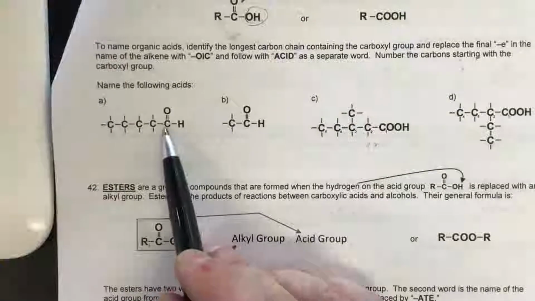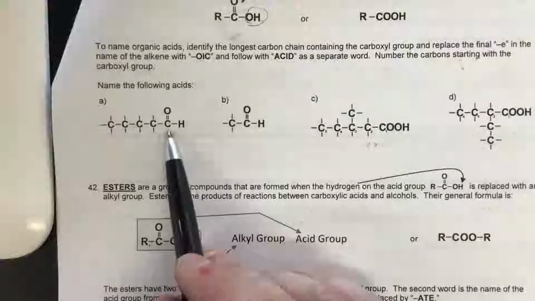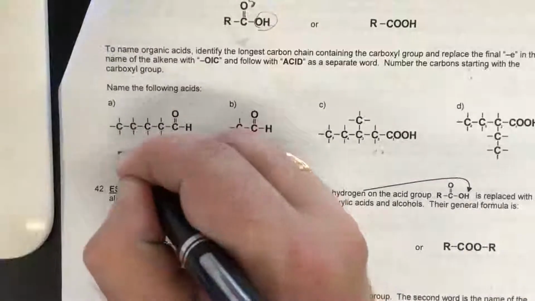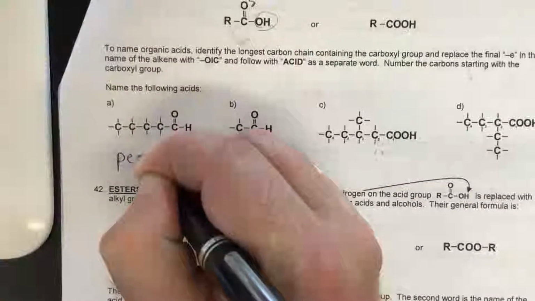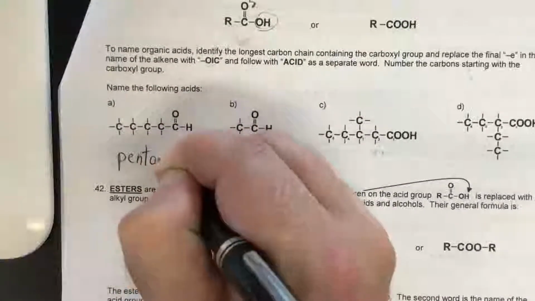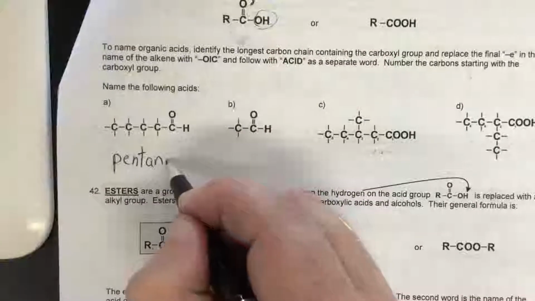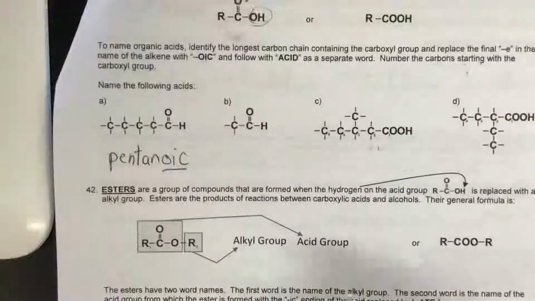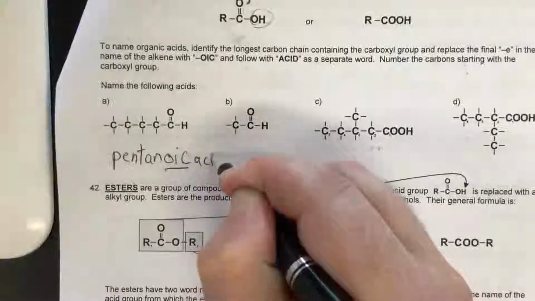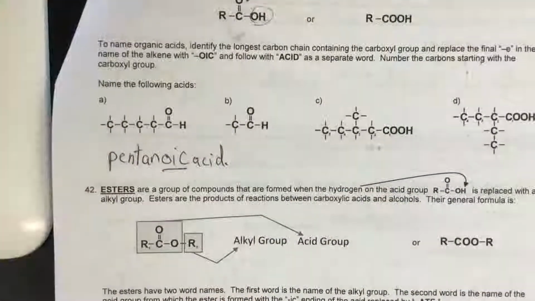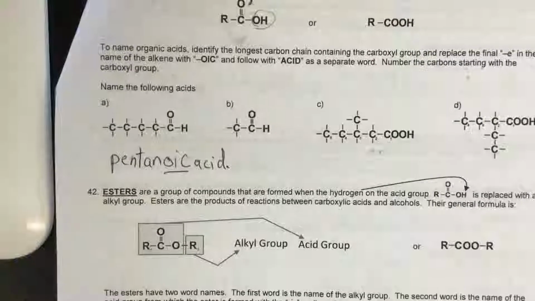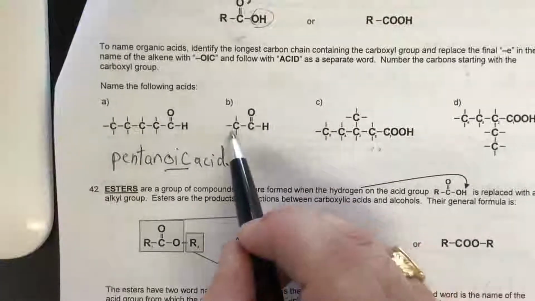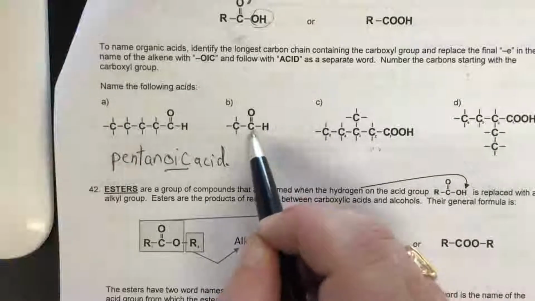This carbon is included in the counting. So 5 is pent, and then we change the end to oic. So this becomes pentanoic, and then we put the word acid with it. So this is pentanoic acid.